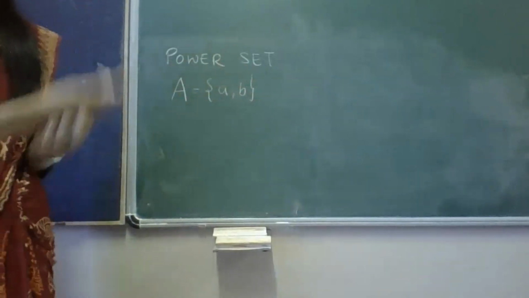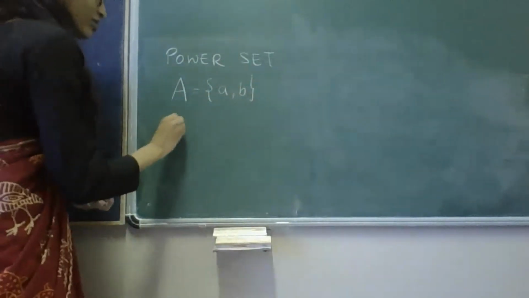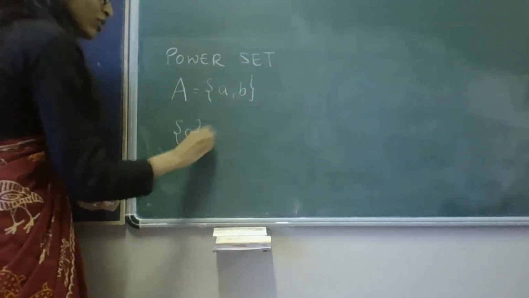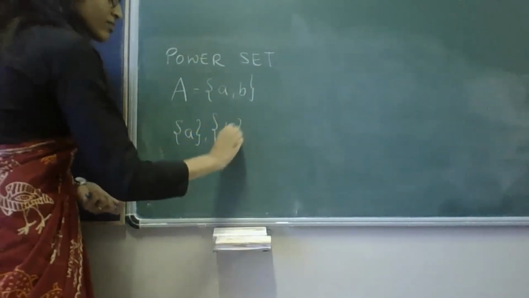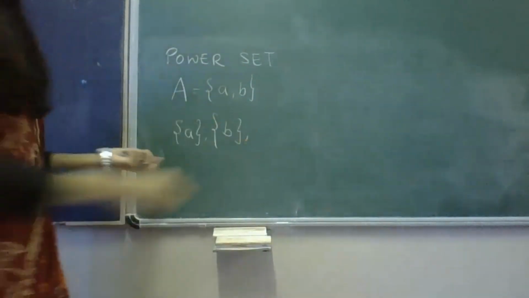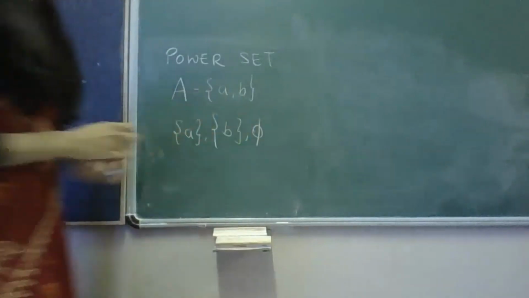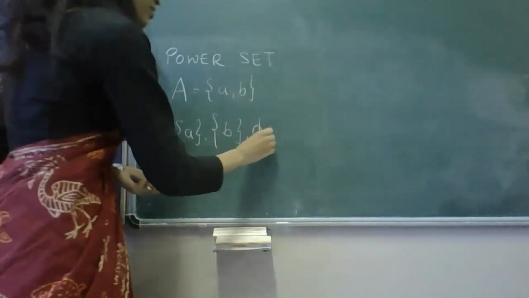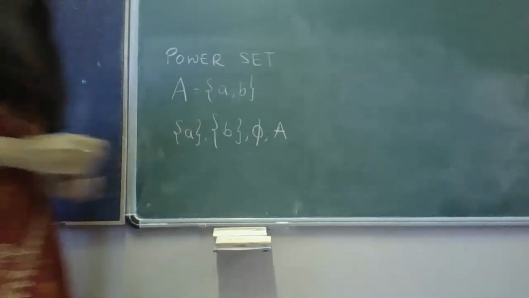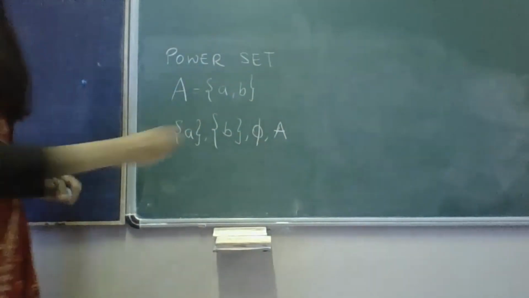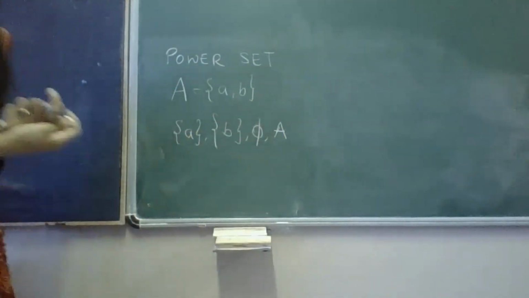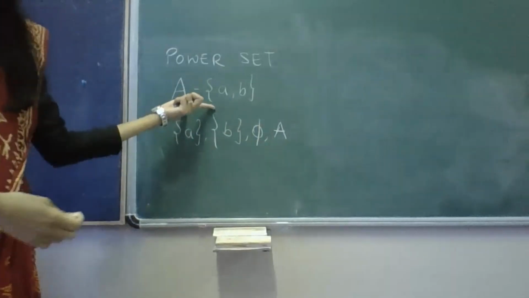Let's list down the subsets of A. It can be a alone, and like I told you, the null set is a subset of every set and every set is a subset of itself. So these two are mandatory, right? These are the subsets of set A.